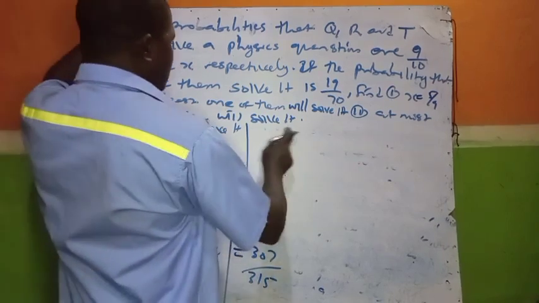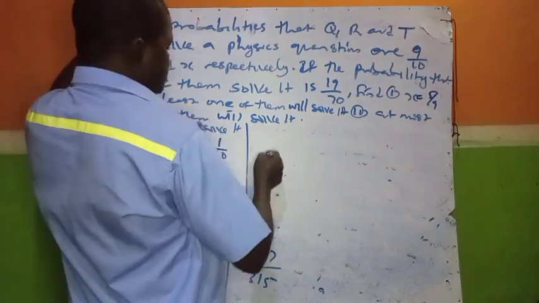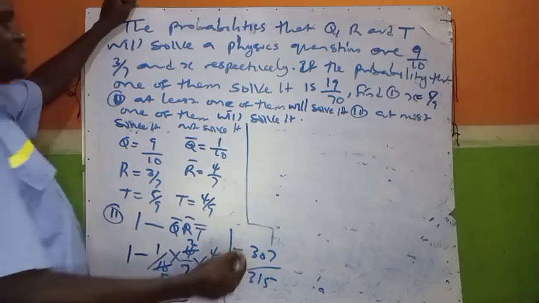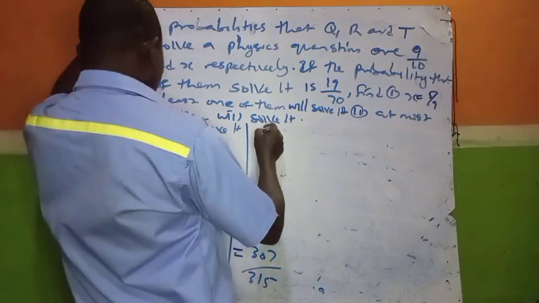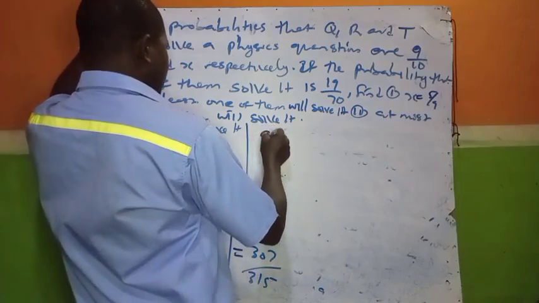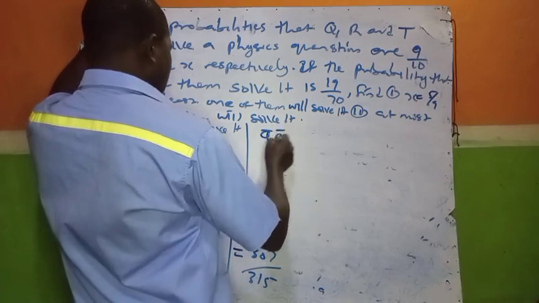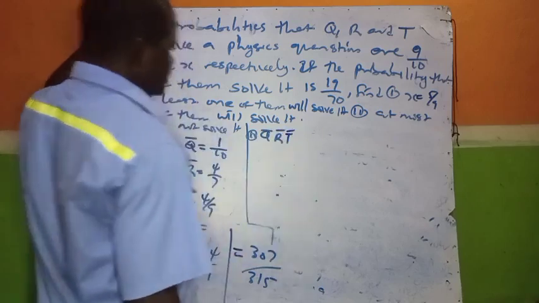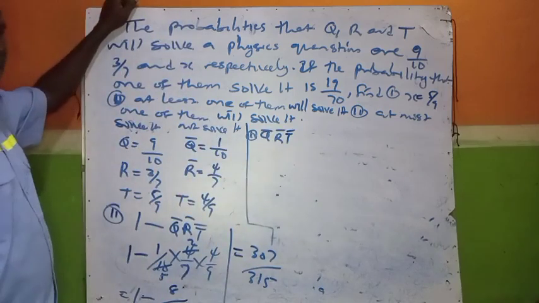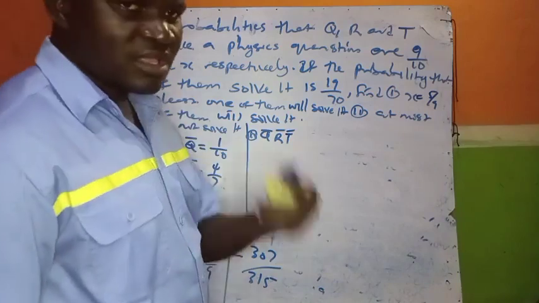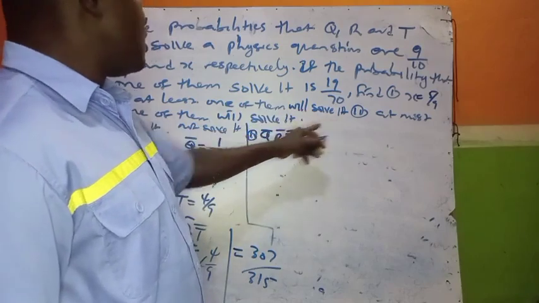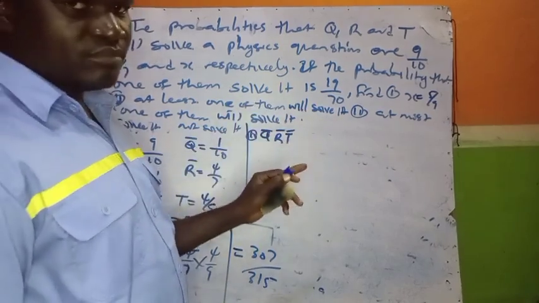So it's going to be not solve it. If none of them solve it, you are going to have q, r, and t. So here is none of them solve it. Then with the probability that one of them solves it.